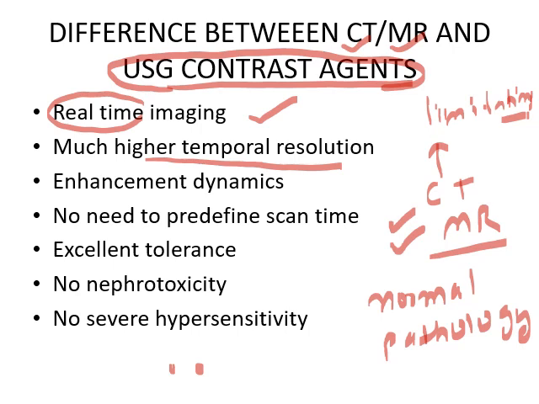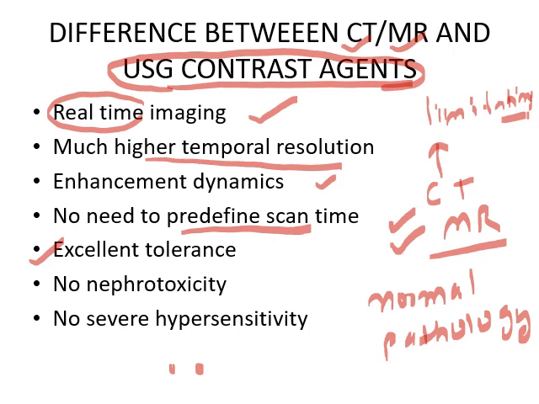The third important point for USG contrast agents is that they have good enhancement dynamics. Fourth, they don't need a predefined scan time, while we need a predefined scan time in CT and MR contrast agents. Fifth is excellent tolerance.